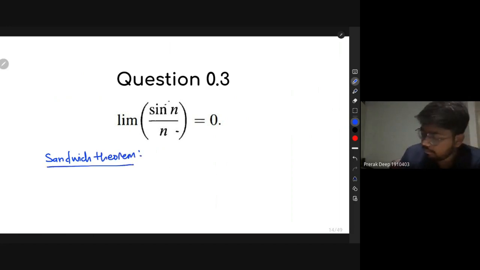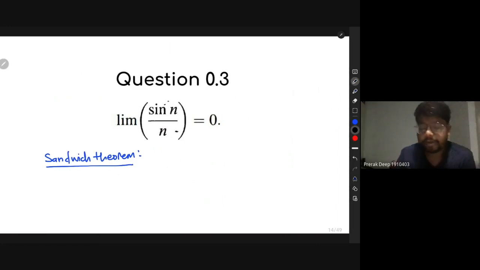Okay, so the sandwich theorem says that you need to bound your sequence by known sequences.